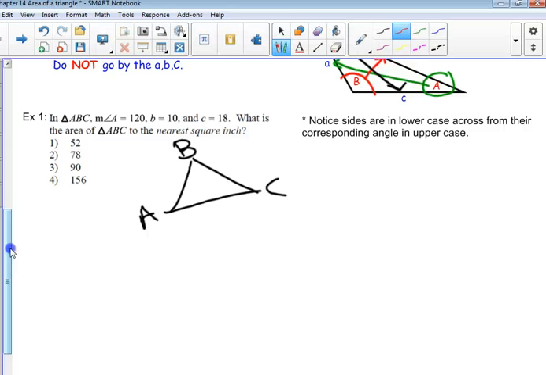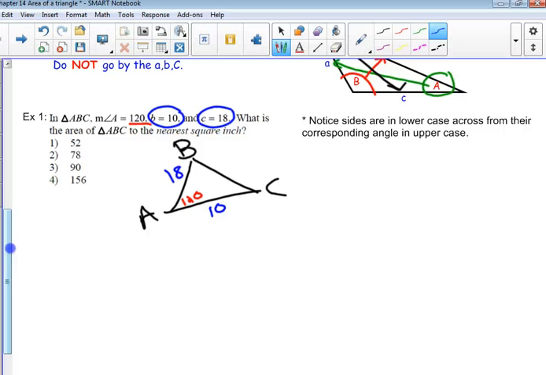They're saying angle A is 120. So I'm going to put my 120 on the inside part. Now these are lowercase. So that's talking about side B. Where should you put that 10? Good. Now across from where angle B is. That's going to go down here. Same thing. Side C has got to go across from angle C. What we want to make sure is that you have the two sides that form the angle.